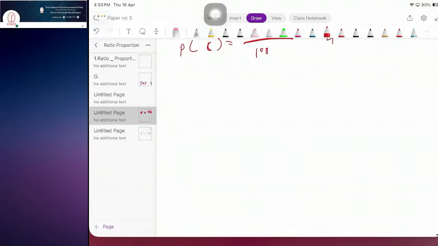The next time it will be 50 cards remaining, and like this. Means one by one the card is discarded from the pack. First time it was 52, we drew 1, so 51 remain. From 51 we drew 1, then 50 remain. From 50 we drew 1, and so on. That is the concept of without replacement.